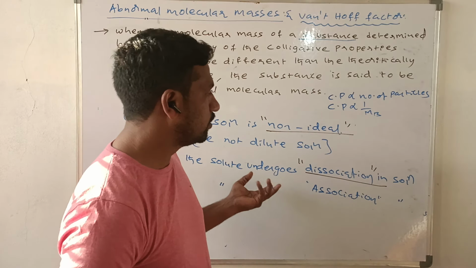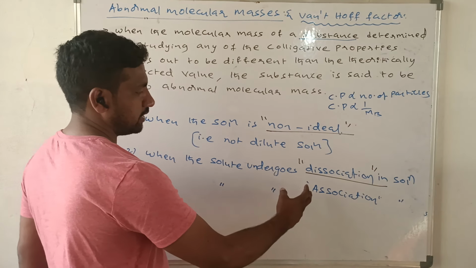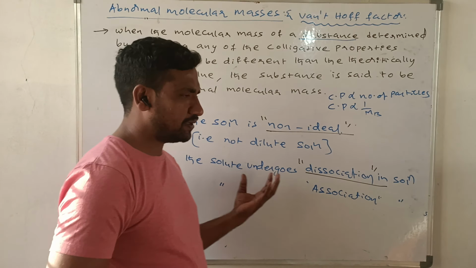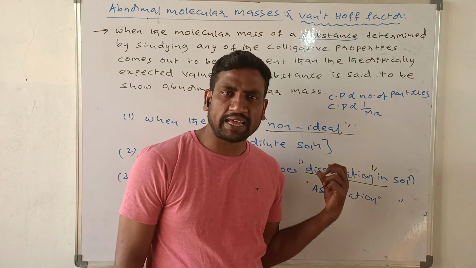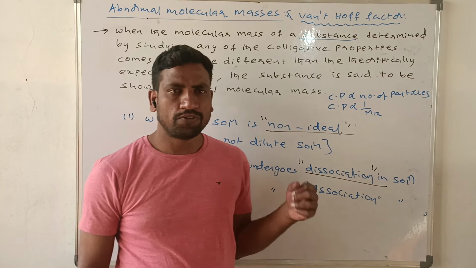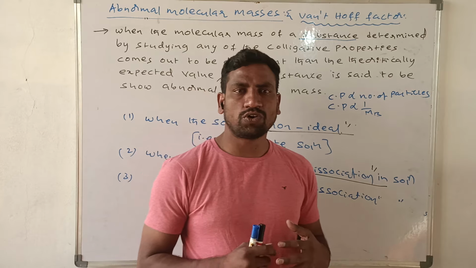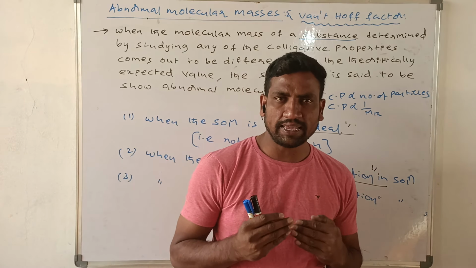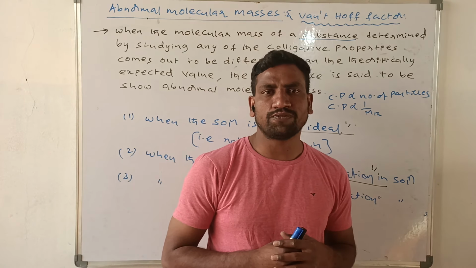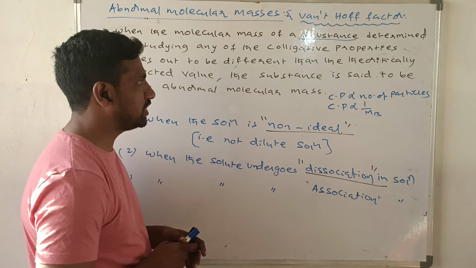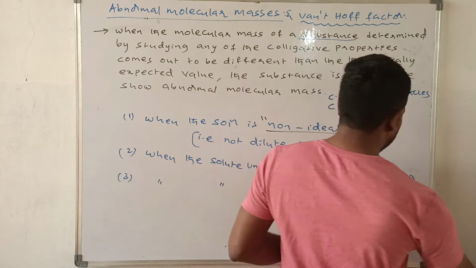So like this you can see why you are getting different molecular masses. In such cases, to rectify that error, Van't Hoff, a scientist, gave a factor that is indicated by i. That is called the Van't Hoff factor. This Van't Hoff factor was given in the year 1880 by Van't Hoff.